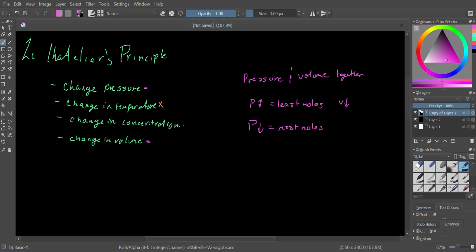Volume decrease equals least moles, and volume increase equals most moles.